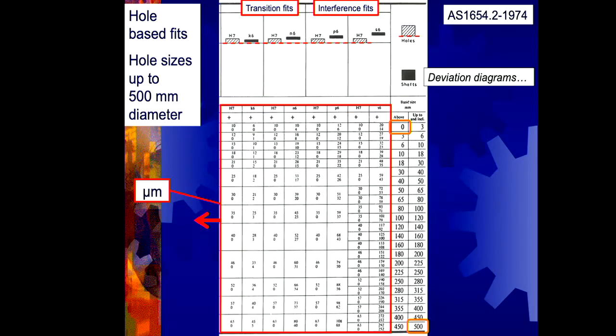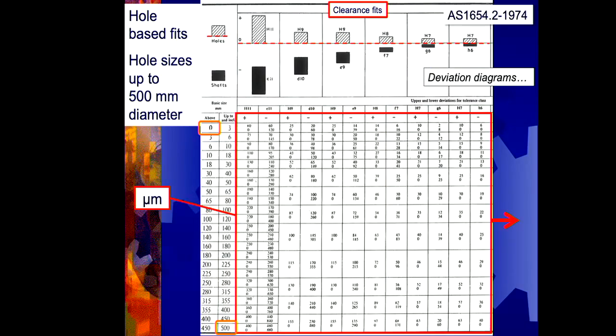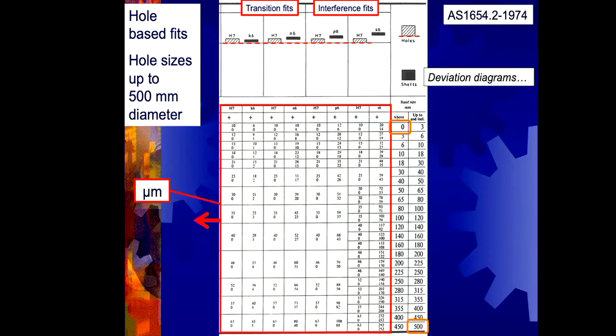For transition fits, by the way, that arrow over there is just indicating this. When I scanned this, I couldn't fit it all on the image, so I've just put a bit more on. We've got into transition, where the hole-based fit is there, and we've got our shaft and hole being in the same kind of tolerance zone there as well.